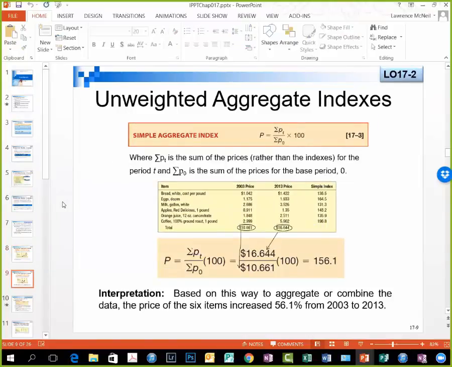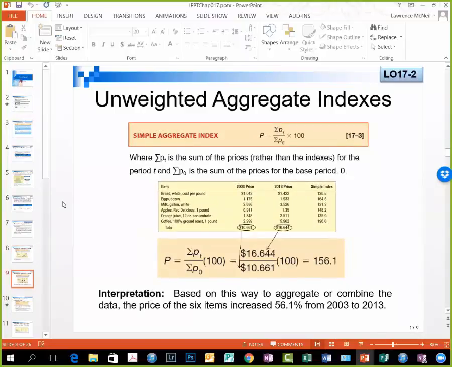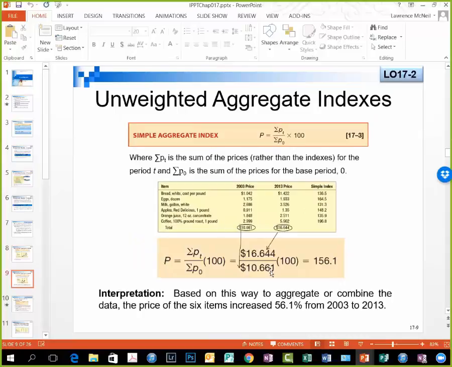Okay, and then we have an unweighted, or these are both unweighted, but then we have a simple aggregate index where all we're doing is the same prices. 1.042 is the same as this 1.042, and you see the sums down here. And we're now going to take those two sums and divide them by each other, and then multiply times 100 as you always do with the simples, and you get 156.1.